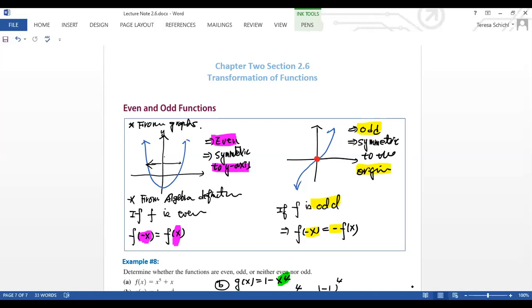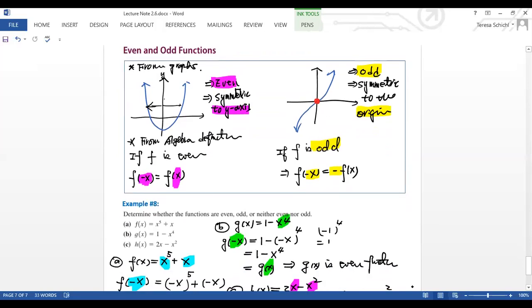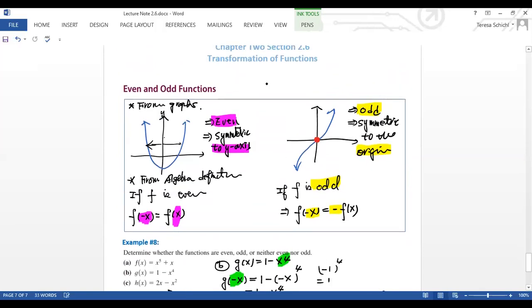If the problem does not provide you the graph, then you can use the algebra definitions. If it's even, then if you substitute, f(-x) will be equal to f(x). If it's odd, f(-x) will be equal to negative f(x). So when we check whether it's even or odd, we always start with negative x in the function, then see which one it produces.